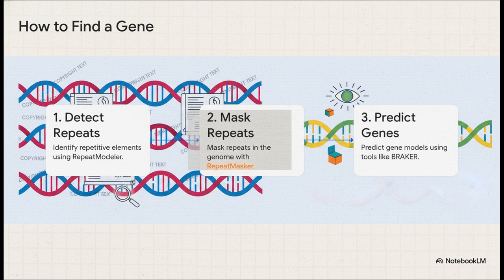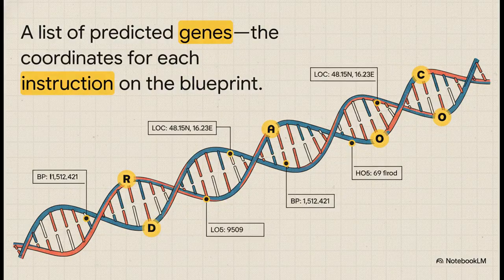So the next step is to mask all that noise, to just hide it, so we can focus on what's important. And once all that clutter is gone, these powerful prediction tools can scan the clean blueprint and spot the unique patterns that scream, hey, a gene is here. And after all that work, boom, what you get is a detailed map, a list of coordinates pointing to where every single potential gene is located on your blueprint.